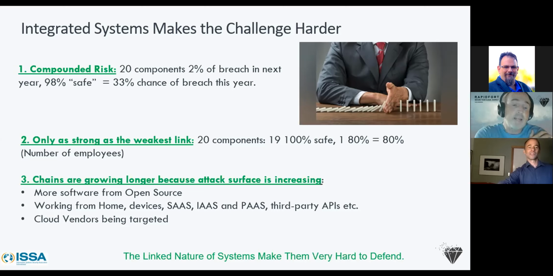A good example is cloud vendors: a major cloud vendor was recently targeted, and little did we know that even though our infrastructure could theoretically be completely safe, because they were one of the components delivering value, that translates into exposure for us.